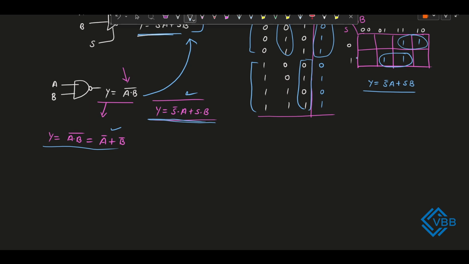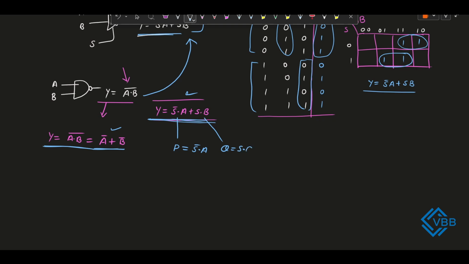We need to implement this using this. We have converted the NAND gate output into a form similar to the MUX output expression. So let's assume this as P, meaning P is S complement into A, and let's assume the second term as Q, so you will get clarity on why I am assuming this.